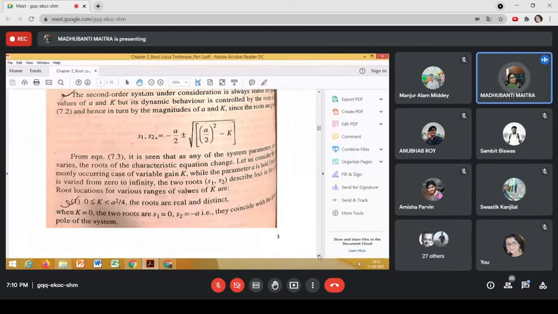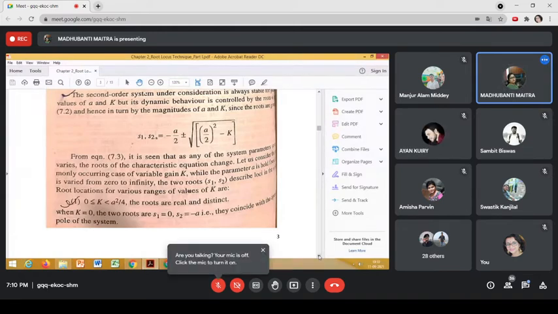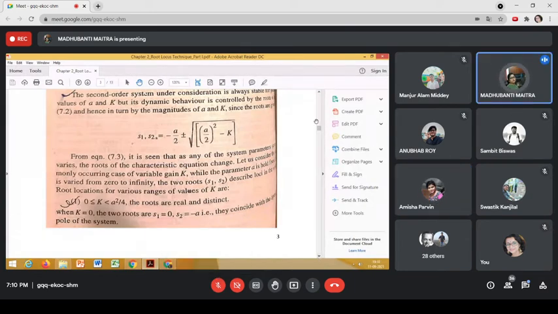What are the root locations when K is equal to 0? 0 and minus a.